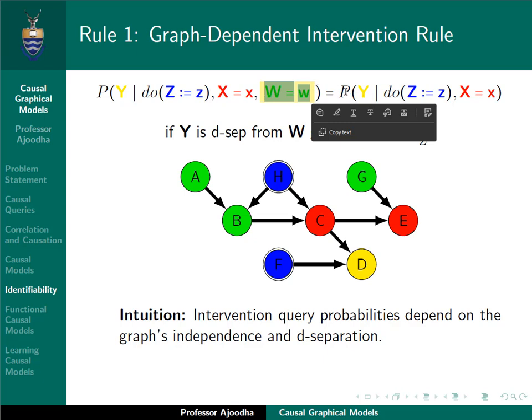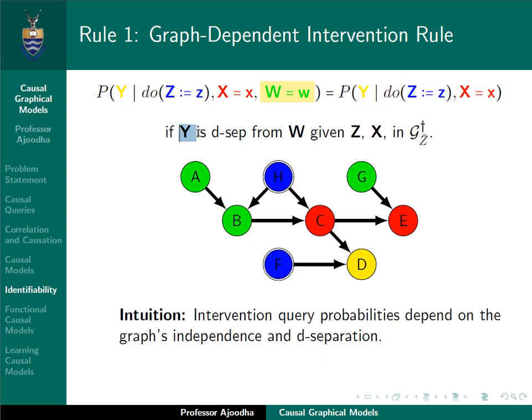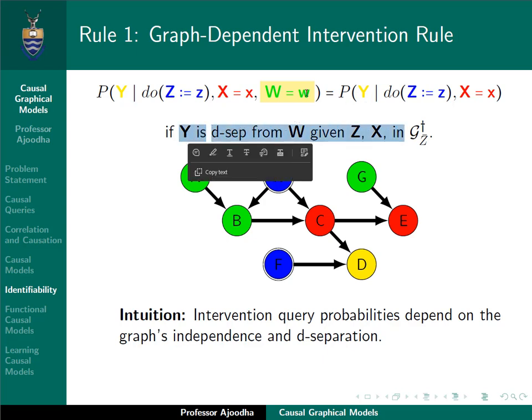You can completely remove W. This is only if Y is d-separated from W given this evidence, Z and X. This is just normal d-separation: the observed set is X and Z, and you want to see if the set Y is d-separated from the set W. You trace it in the graph, and I've color-coded it to help you. If you meet this definition, then you can take out W completely.